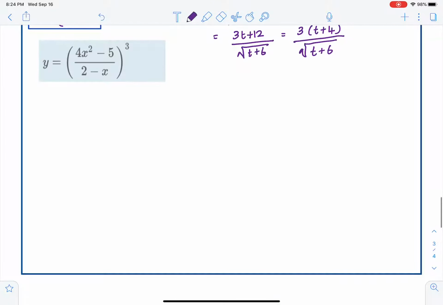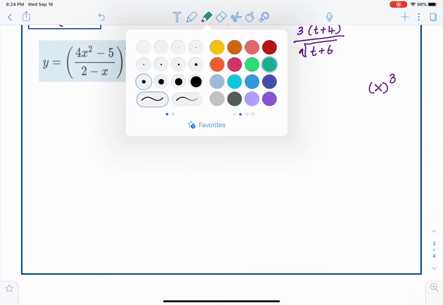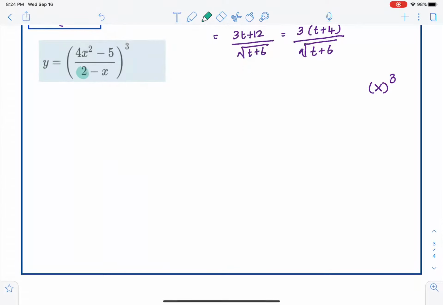So here is a problem which is very simple if we recognize that the problem has to be done using chain rule. So what to note here is we have x cubed, and that entire part would be our imaginary x.